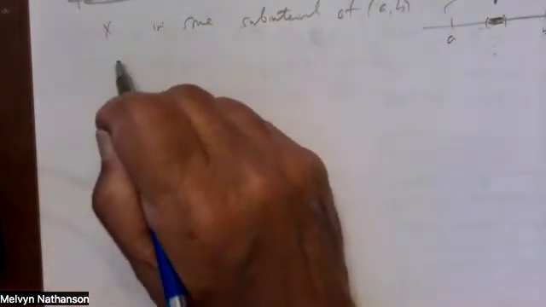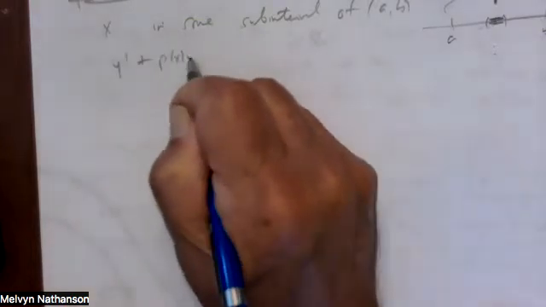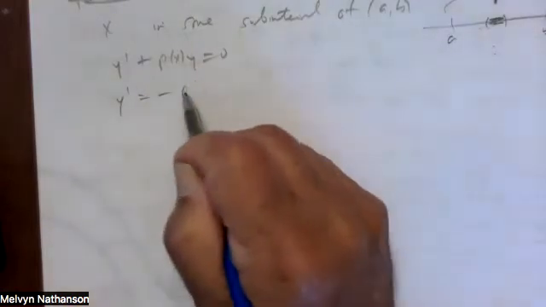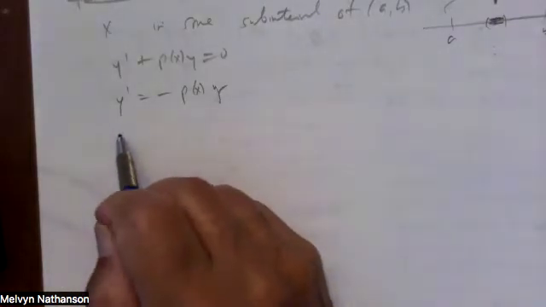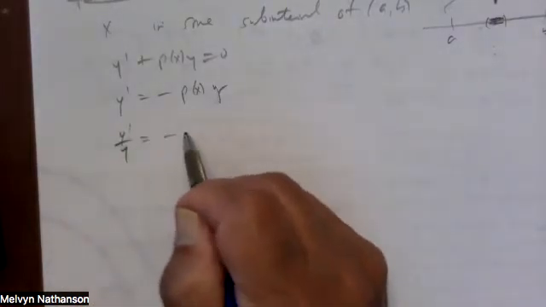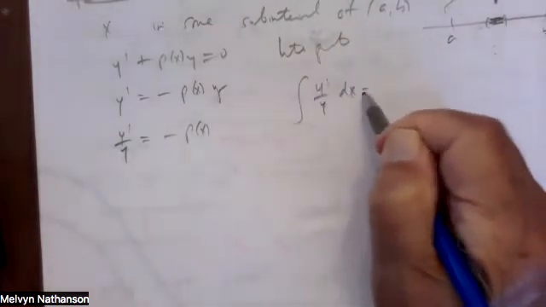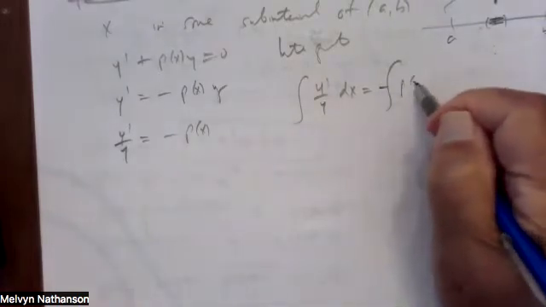So if we have y prime plus p of x y equals 0, that's the same as y prime equals minus p of x times y. And dividing by y, we get y prime over y is minus p of x. Right? We're allowed to divide by y because y of x is not 0. And then you integrate. The integral of y prime over y dx is the integral of minus p of x dx.